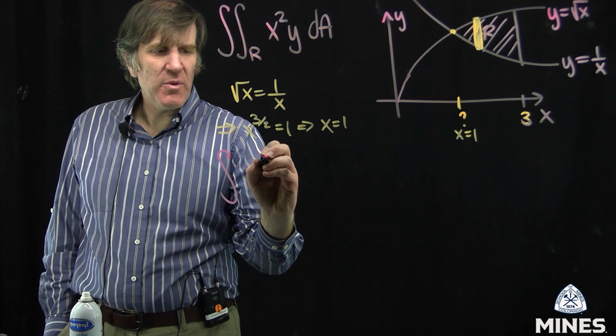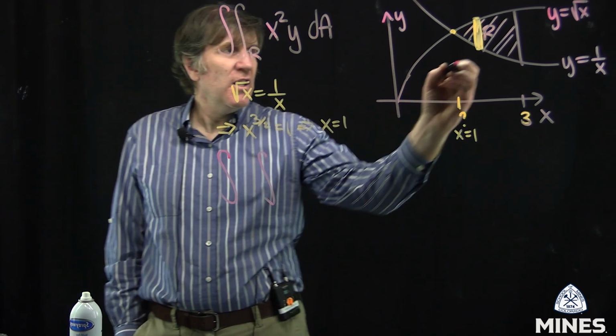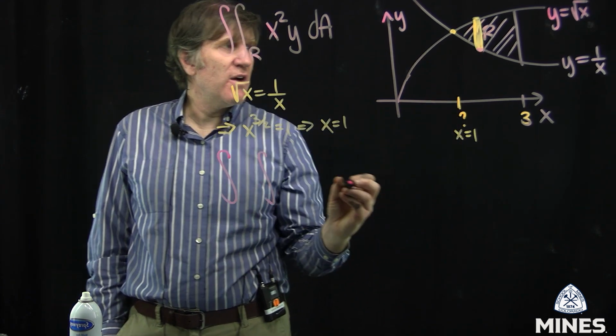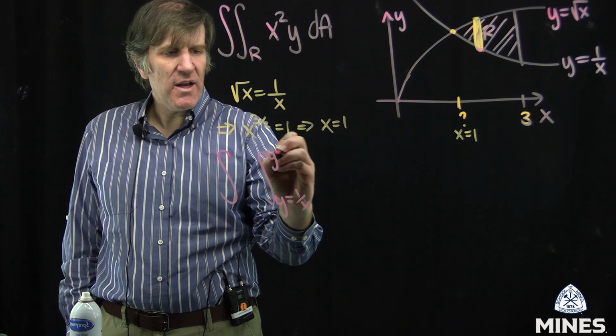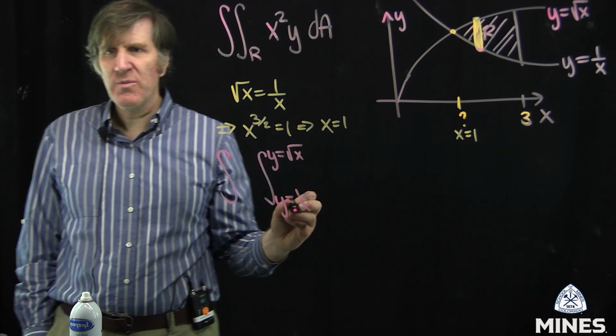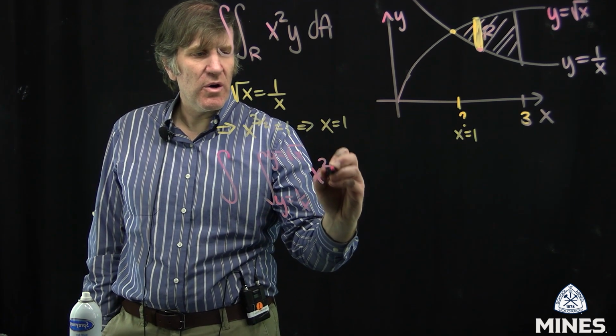So we're ready to do this. We can set this thing up now. Our endpoints of integration: we start at the bottom, and down here we have y equals 1 over x, up to y equals the square root of x as an upper endpoint of integration. The function we're integrating is x squared y.